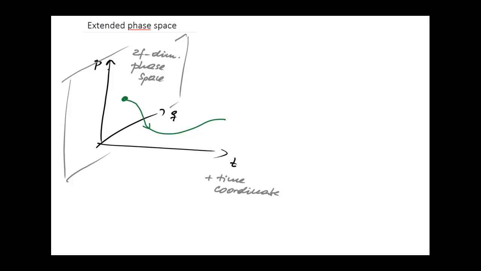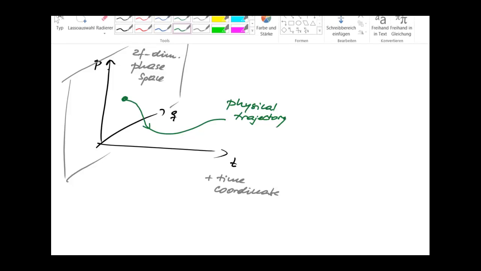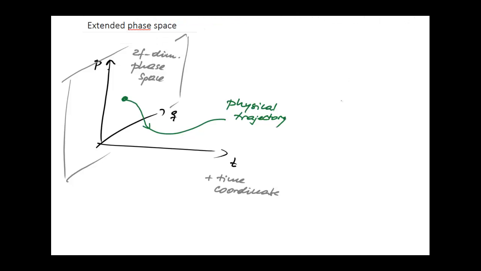So extended phase space is 2f plus 1 dimensional. Let's say this green trajectory is indeed the physical trajectory of our system. And what we could do is we could project this motion onto the ordinary phase space.